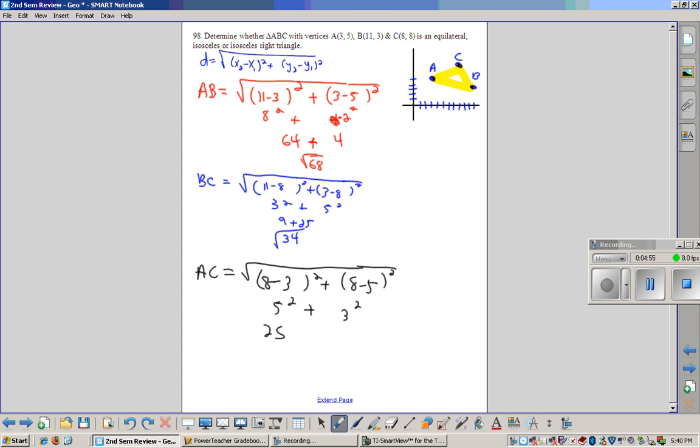So that's 25 plus 9, that's square root of 34 also. So my answer, I think, is going to be isosceles triangle, because 34 and 34 are the two same sides and the side that's different. So it's an isosceles right triangle is the only option you have there.